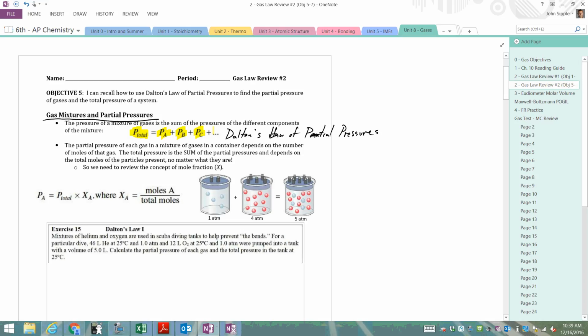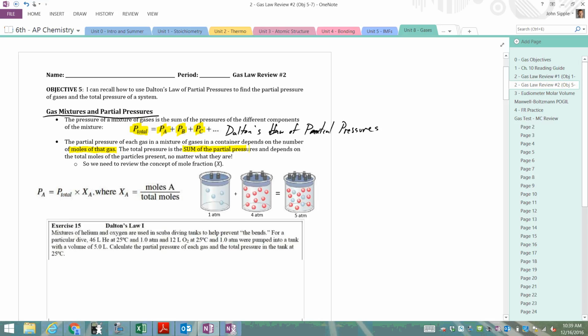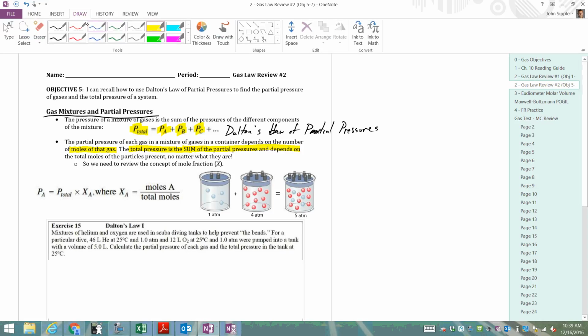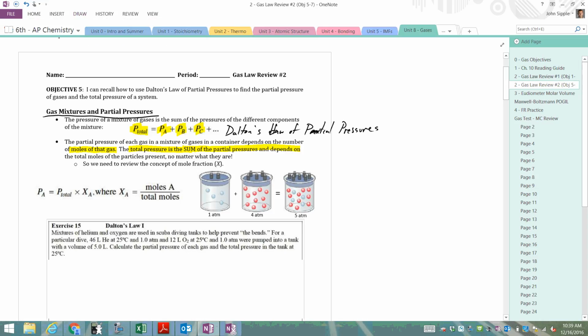The partial pressure of each gas in the mixture depends on the number of moles of that gas. That's a key component. If we know the moles of each gas, we can find the partial pressure of each gas, and then add them together to get the total pressure. One thing we have to bring back in here is mole fraction, because it's important for figuring out the moles of an individual gas.